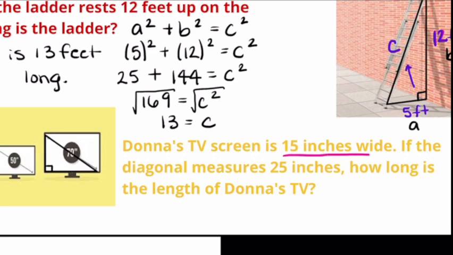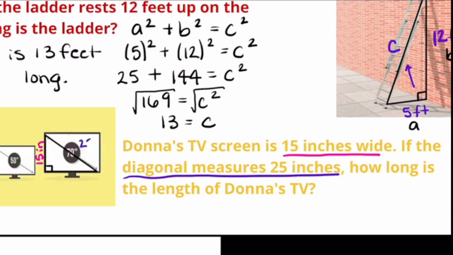And we know that the TV is 15 inches wide. So we're going to put 15 inches right here on the side. And we know that the diagonal measures 25 inches. So if you go diagonally across from Donna's TV, that is 25 inches.